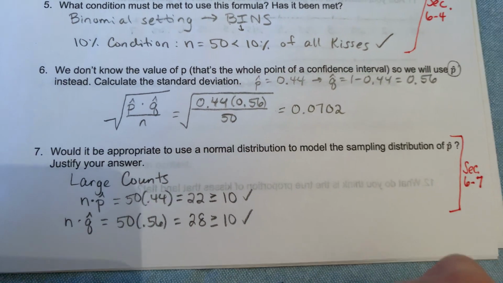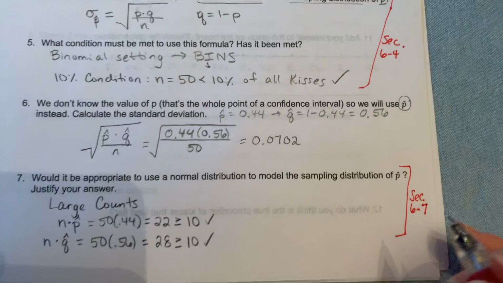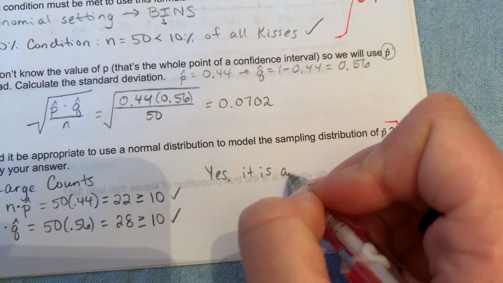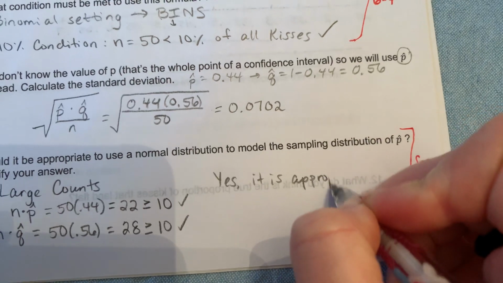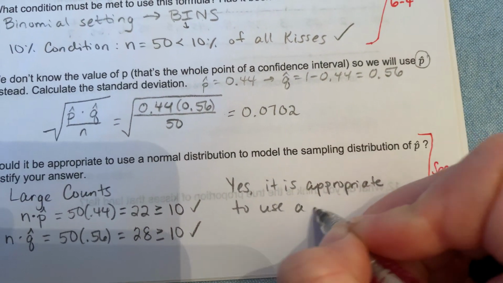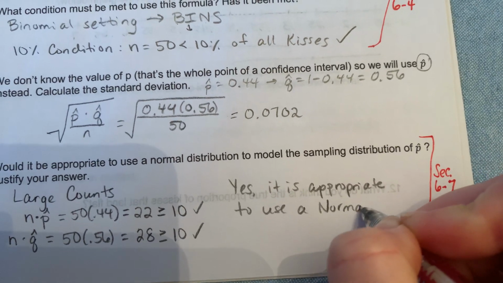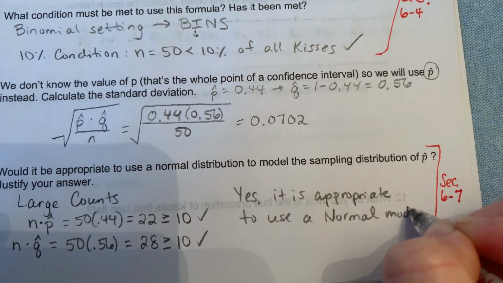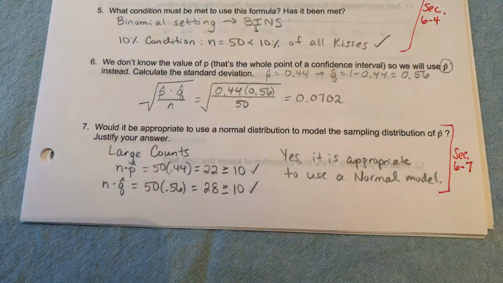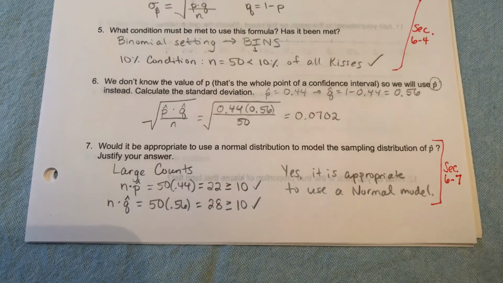All right, so to answer the question, yes, it is appropriate to use a normal model. Okay, and that's good news for us because the next page is going to ask us to use the normal model a whole lot, and we've already been learning how to use it.